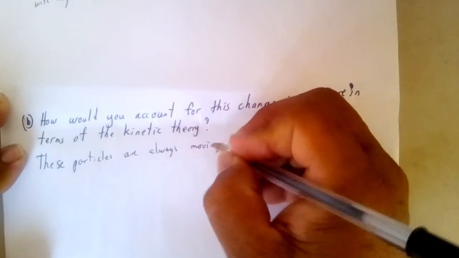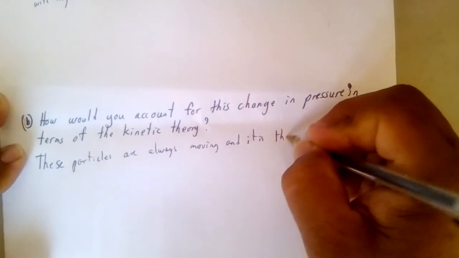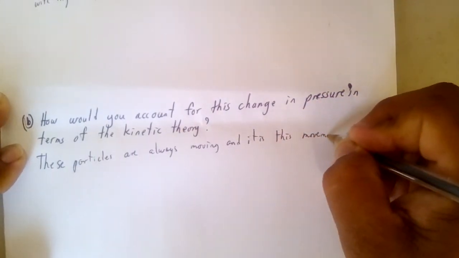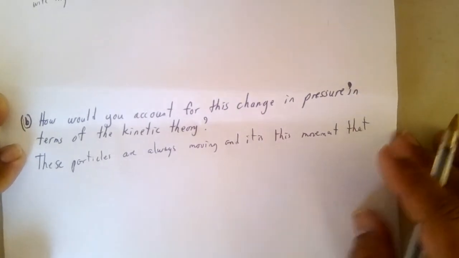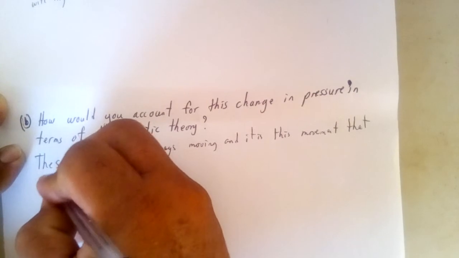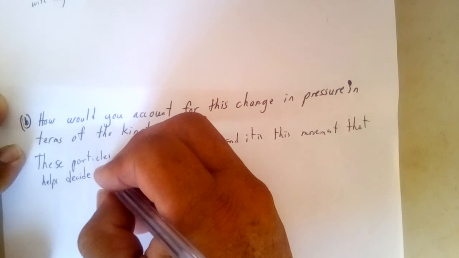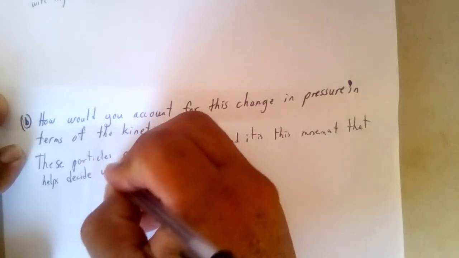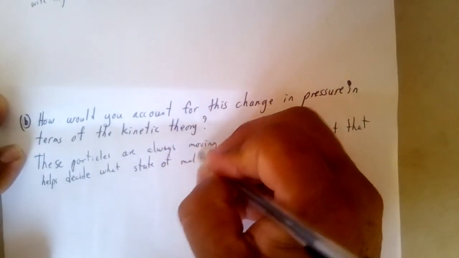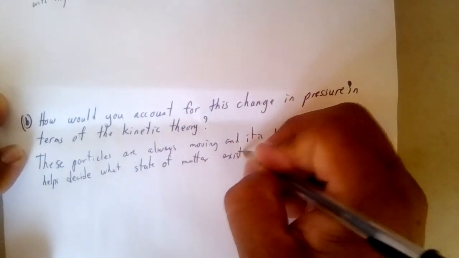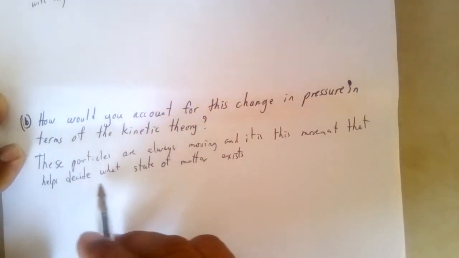We know that for a fact, and it is this movement, which is true, and I'll explain to you why, that helps decide what state of matter exists. Let's see what this means. These particles are always moving, and it is this movement that helps decide what state of matter it is.